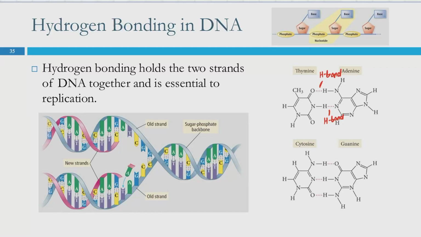In the case of our AT base pairs, we have 2 linkages. For C and G, we get 3. And those hydrogen bonds keep our DNA in these nice double strands until such time as they need to be replicated.